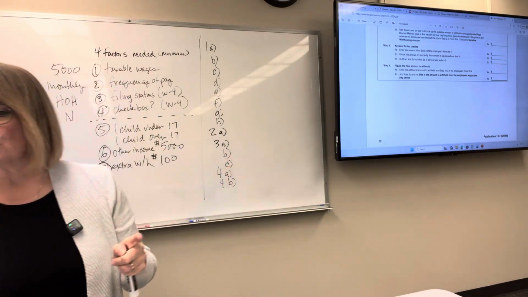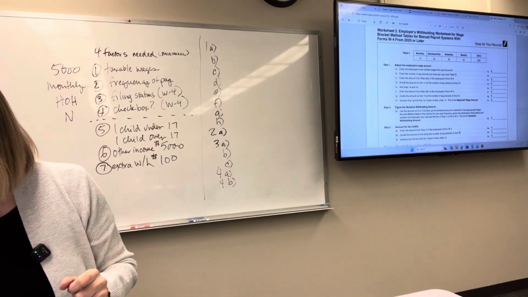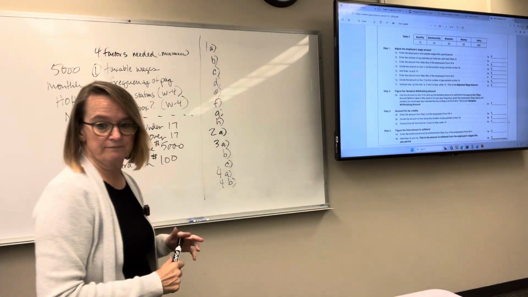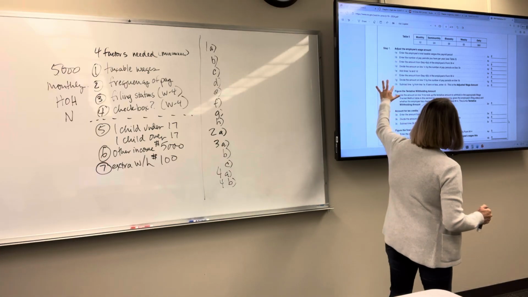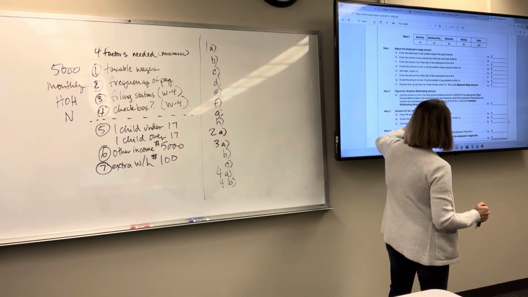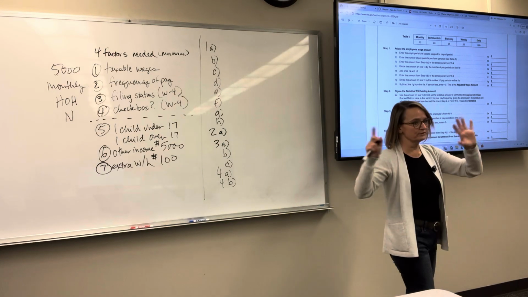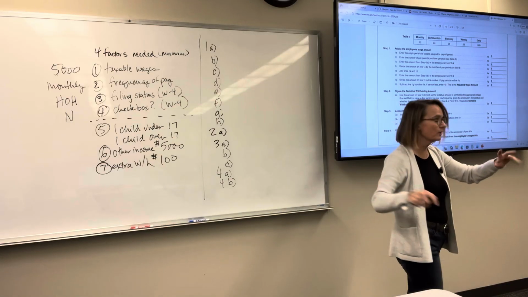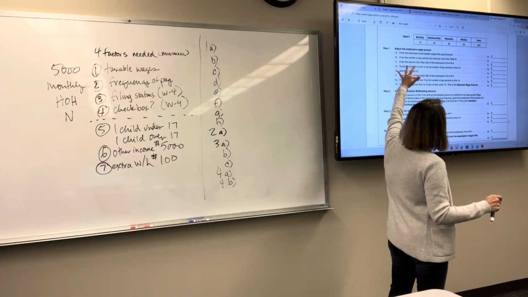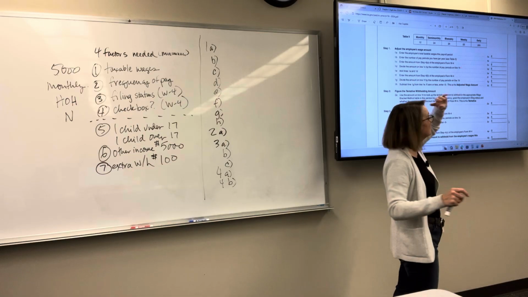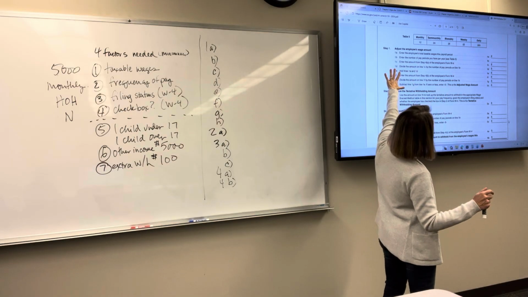All right. So this is where we're going to start with this. Step 1. And you can see this sort of follows along with the format of the W-4. Actually, it doesn't pertain to information on the W-4.